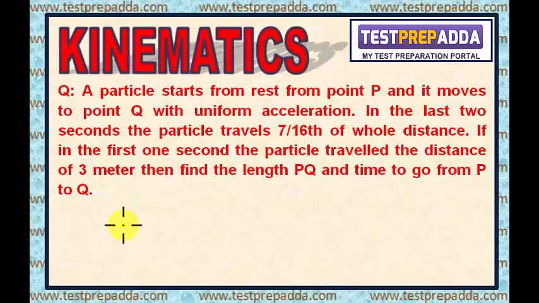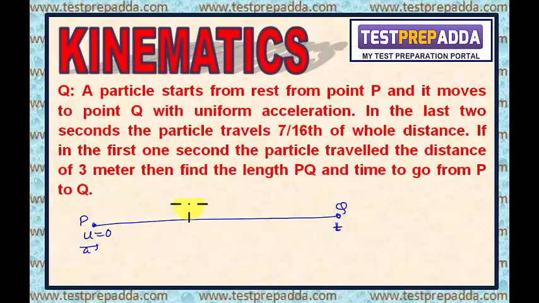Question says initially the particle is at point P. Here the velocity is 0, acceleration is given. Now the particle moves towards point Q. Let us say the particle takes time t.